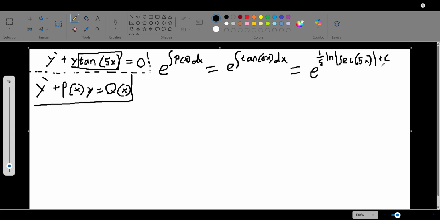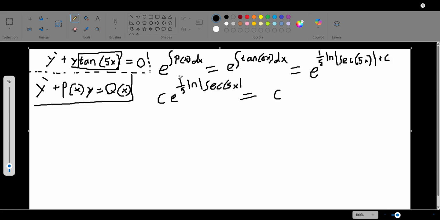So our standard form is going to be, we can bring the c down because it's e raised to a natural log, so it becomes c times e to the 1 over 5 natural log of secant 5x. And because it's a natural log, the e and the natural log cancel, because natural log is already base e.